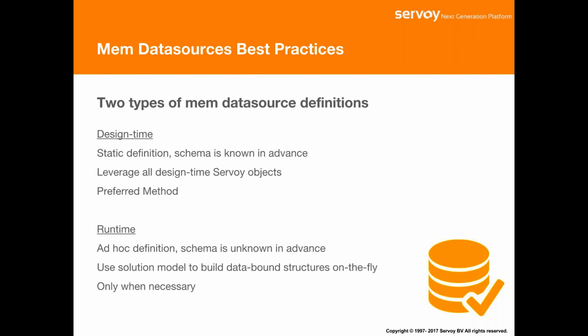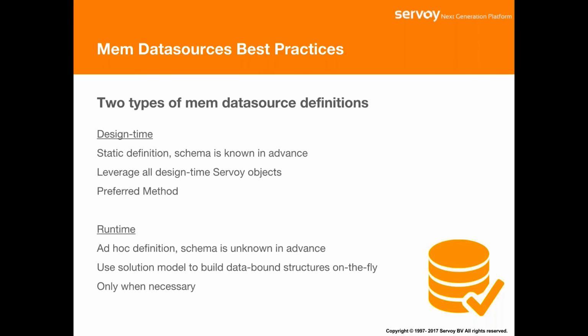There's two ways to do the data source definitions. What we saw in this demo was all at design time. So every one of those data sources, the flood policies, the order details, the product aggregates, those were all built at design time by right-clicking the data sources node, creating it in the table editor. You may encounter a situation, we didn't demo this, where you don't know what the schema is going to be in advance. You maybe are just consuming a flat file, and then you want to show it to the user with what rows and columns are in it and let them do stuff to it.